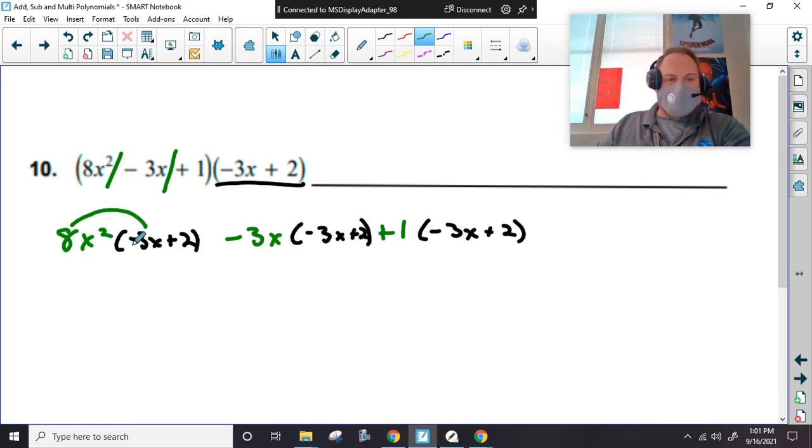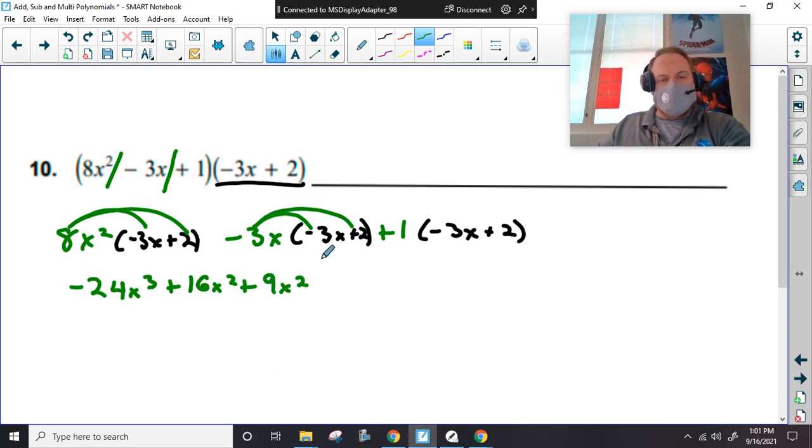So we multiply, we get negative 24x to the third plus 16x squared plus 9x squared, not 6x.